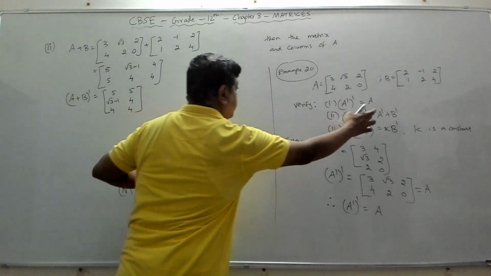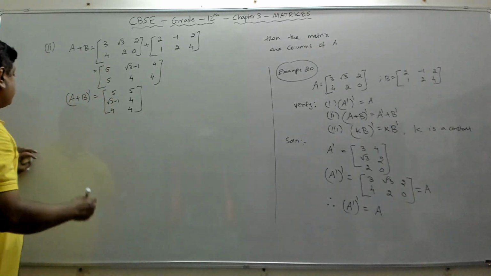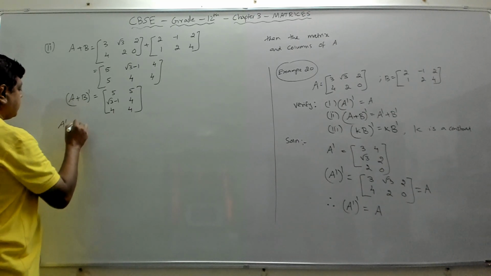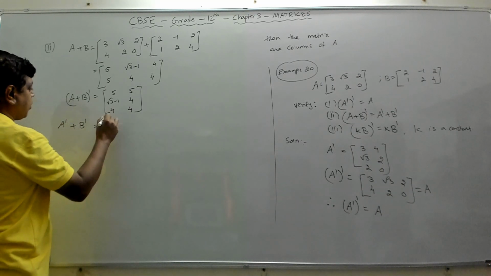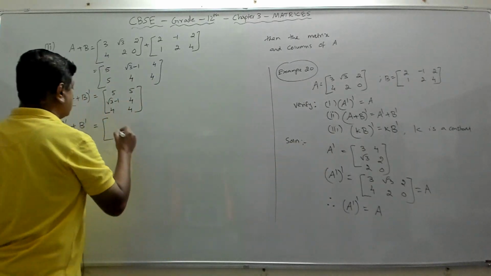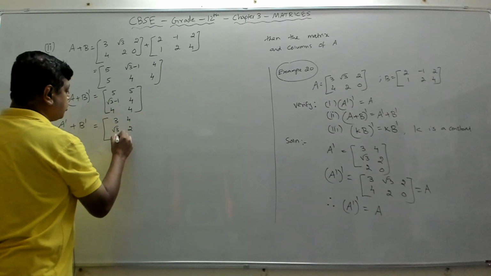The right hand side is A transpose plus B transpose. What is A transpose? We interchange the rows and columns, or we already have it: 3, 4, root 3, 2, 2, 0.